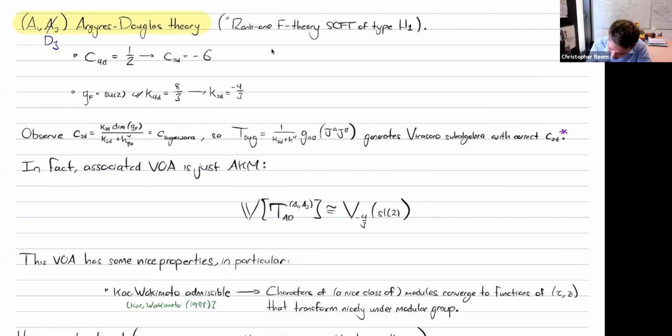And that means that if I build the Sugawara stress tensor, or the Sugawara vector, which is this quadratic normally ordered combination of my affine currents contracted with the Killing metric up to a normalization, then that thing, just by pure brute force vertex algebra calculation, necessarily generates a Virasoro vertex operator subalgebra of whatever I've got with the correct value of the central charge.